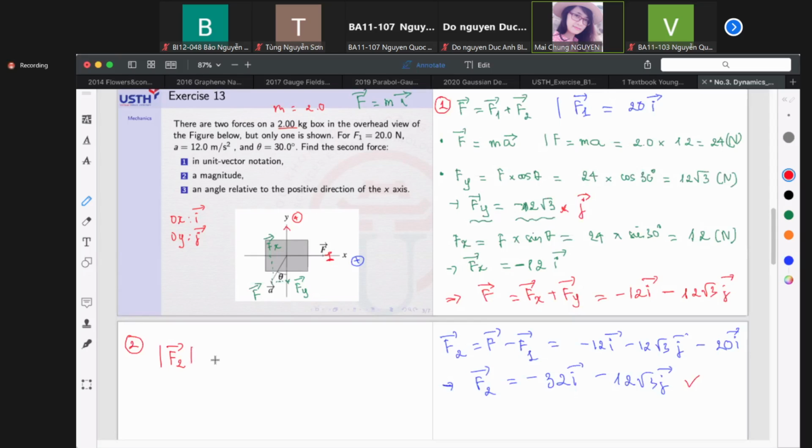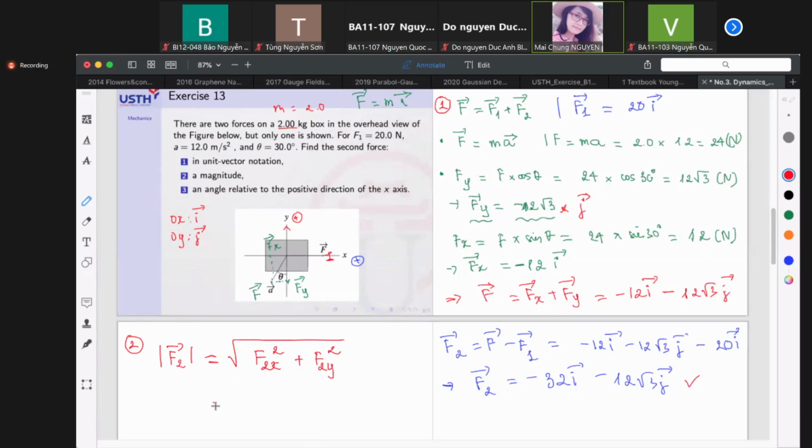The absolute value of F2 is the square root of the formula we apply, with F2x as the component of F2 on the OX axis, squared, plus F2y, the component of F2 on the OY axis.